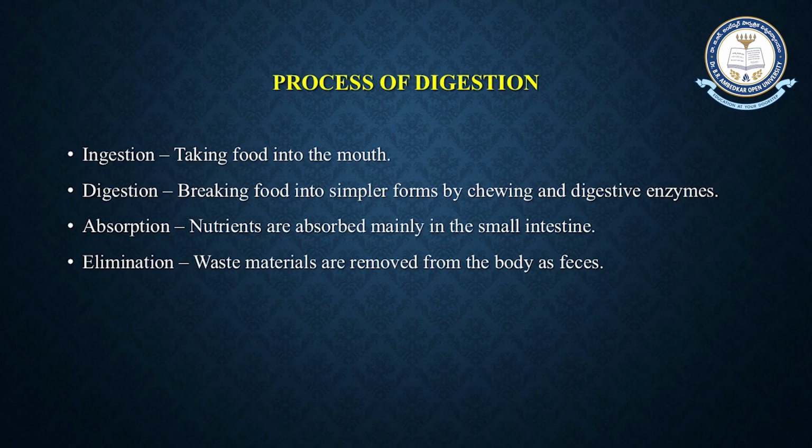Absorption is when the nutrients from the food are being absorbed into your bloodstream in the small intestine. Then elimination is when the waste product or the leftover material gets converted into a solid fecal form, fecal matter, which is then eliminated outside of your body via the anus.